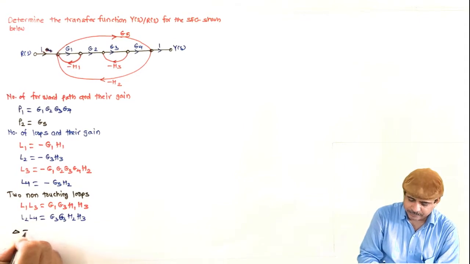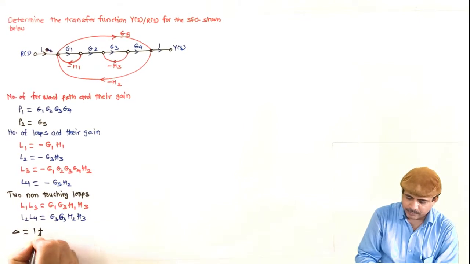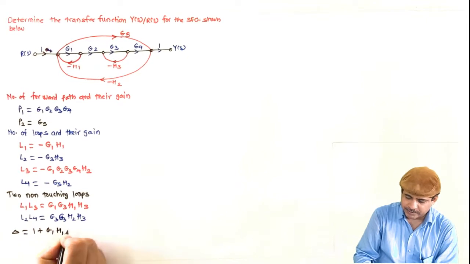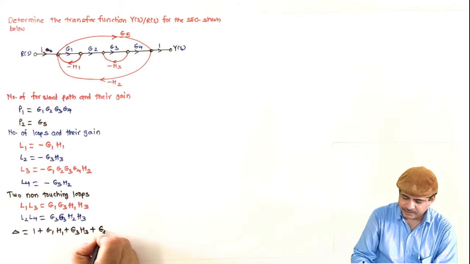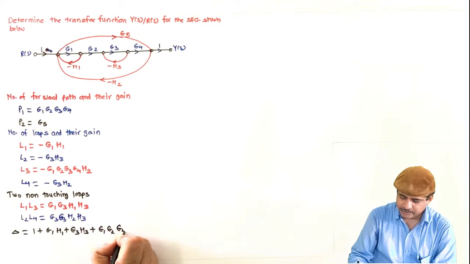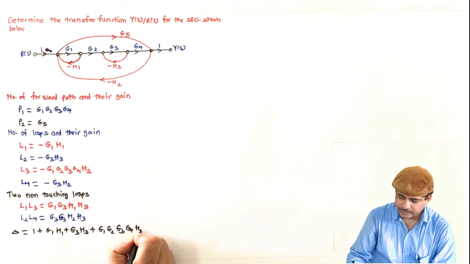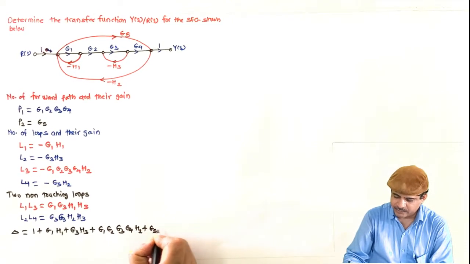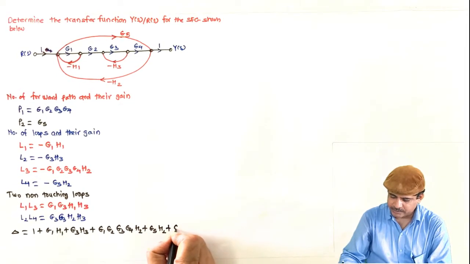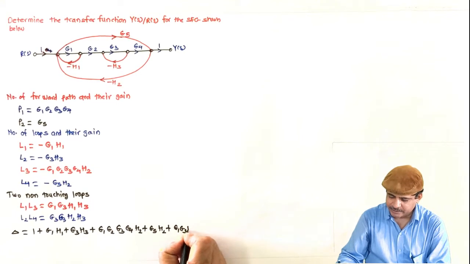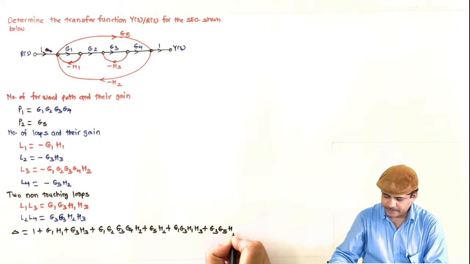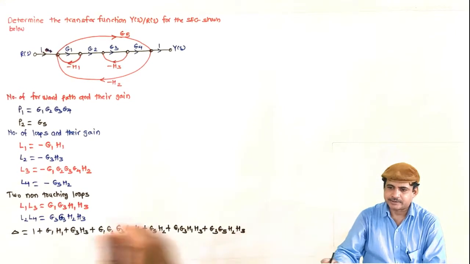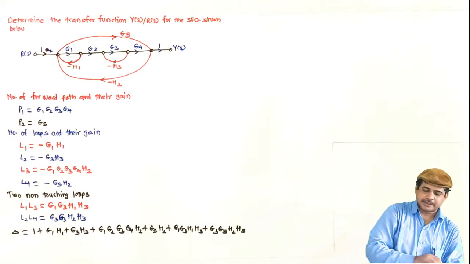So delta I will directly write: 1 plus G1 H1 plus G3 H3 plus G1 G2 G3 G4 H2 plus G5 H2 plus G1 G3 H1 H3 plus G3 G5 H2 H3. So this is delta.